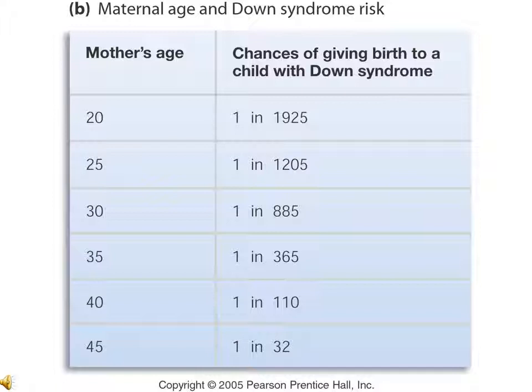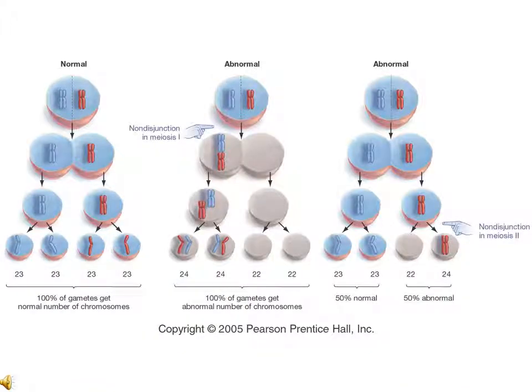And this is probably the reason why the mother that's older has a greater chance of having a child with Down syndrome. As we have said before, the problem in genetic disorders, in chromosomal abnormalities, results at the meiosis level, when the cells go through the process of separating chromosomes and forming gametes.